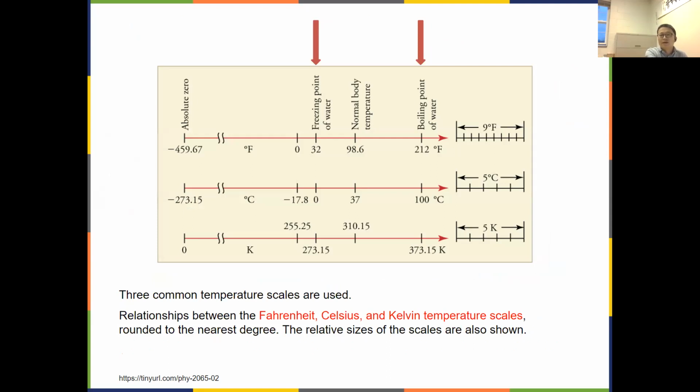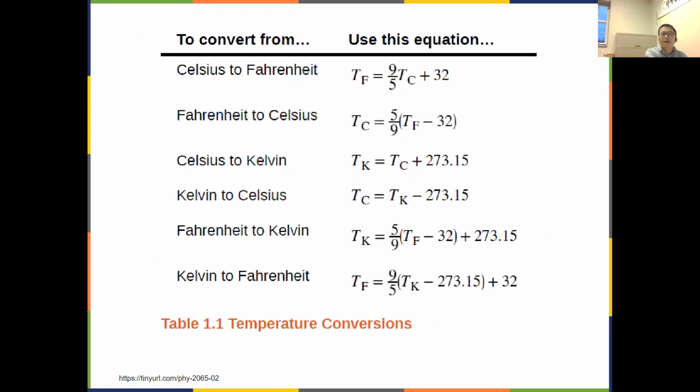And the same 5 degrees in Celsius will correspond to 5 degrees in Kelvin. If you are converting from one temperature scale to another, you can come here and pick the correct equation to do the conversion.